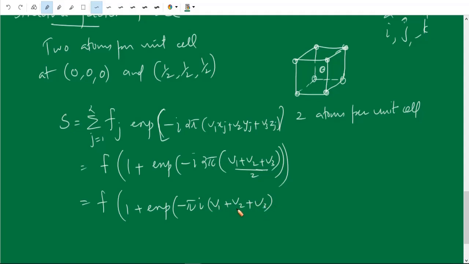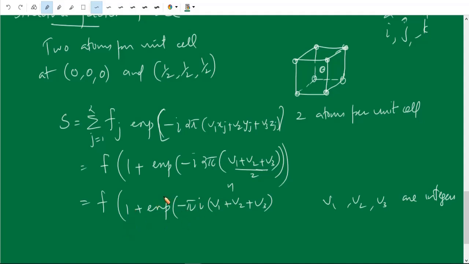We know that v1, v2, v3 are integers, so this sum is an integer n. So what happens to this value then?